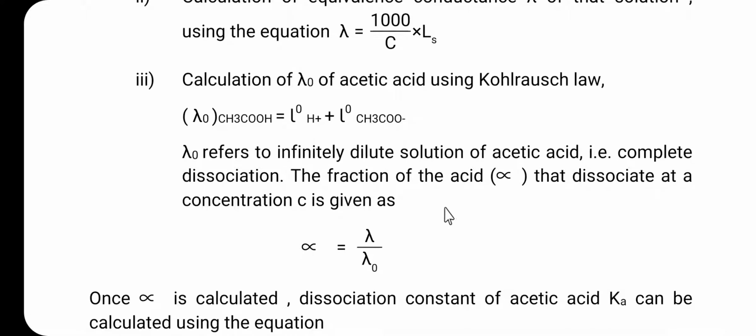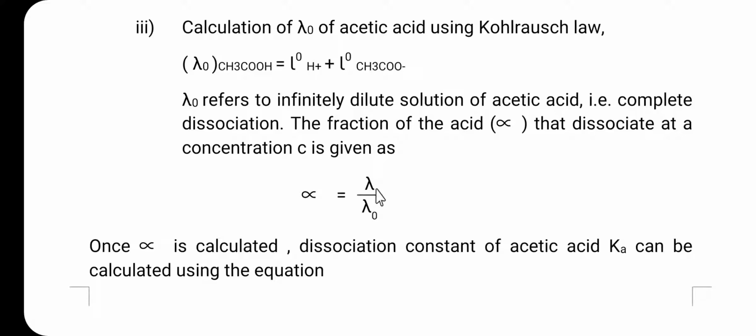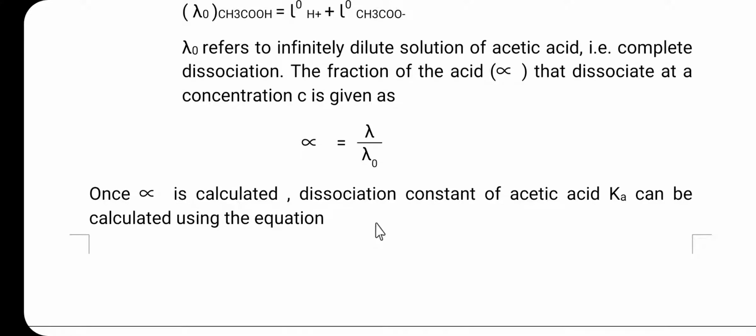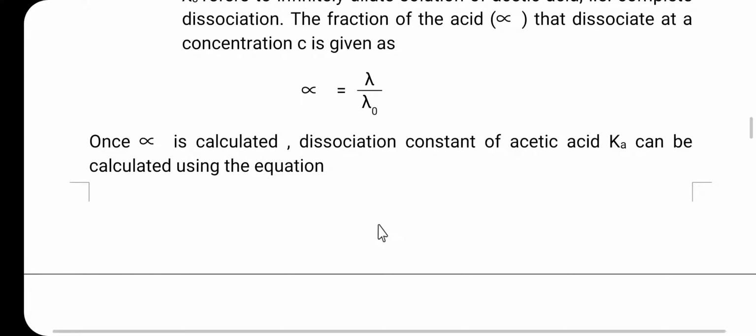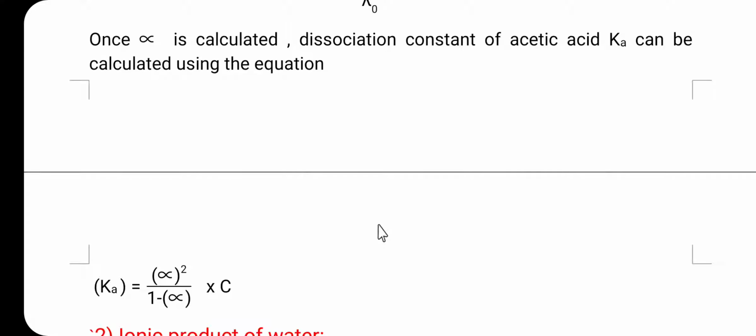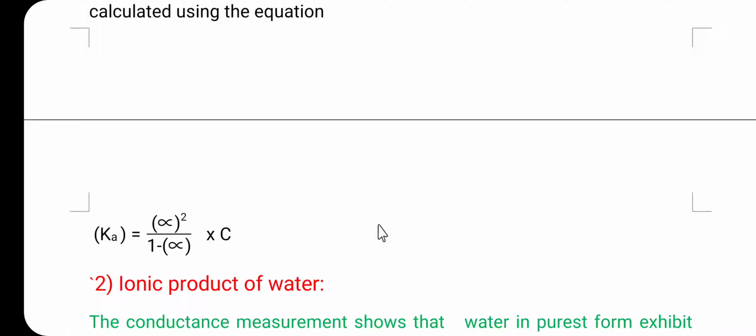Then for the degree of dissociation, there is a formula: alpha is equal to lambda divided by lambda 0. These two values are substituted here, and in this way we can determine the degree of dissociation of acetic acid. And from the degree of dissociation, it is possible to calculate the dissociation constant.